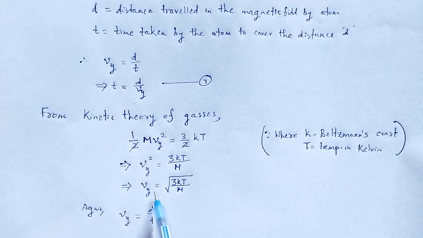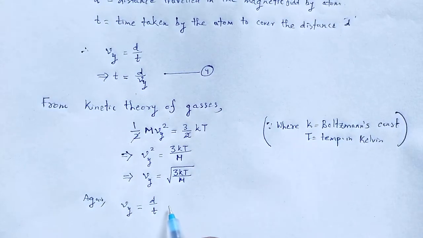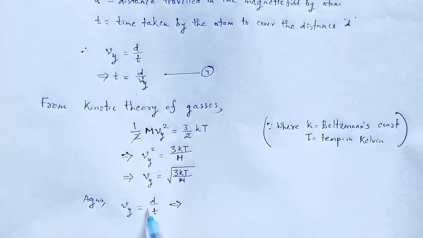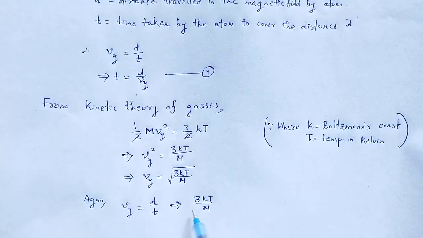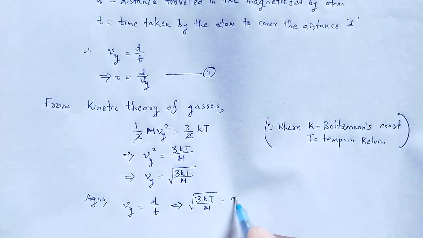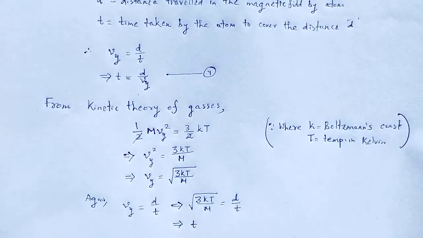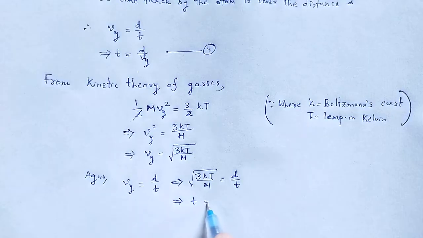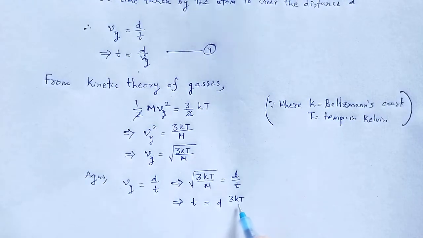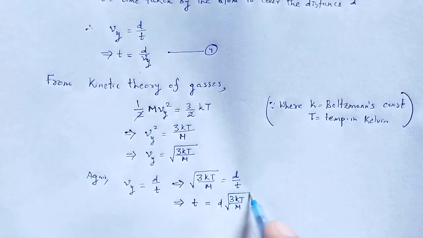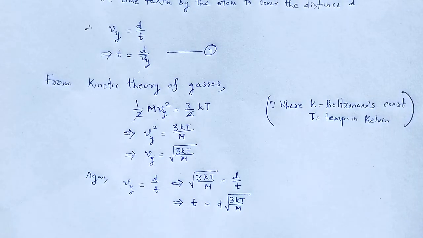Putting here d by t means the value of Vy, that is under root 3 kT by m, is equal to d by t. So the time taken t will be d times under root of m by 3 kT, that is the time period t. Okay.